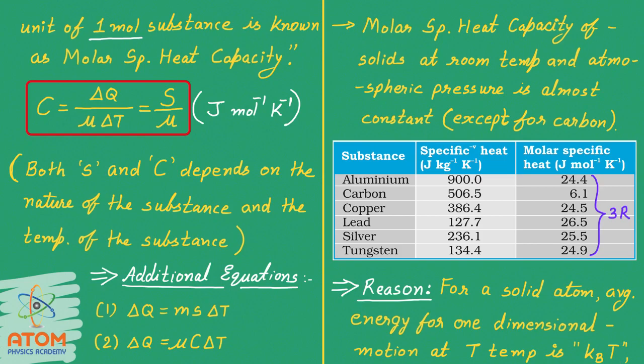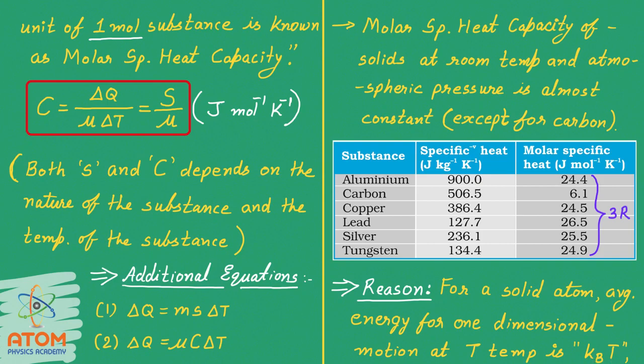The explanation about this equation is basically given in chapter 13. So here we'll just accept this equation. What is this equation about? That if you take any atom and consider the one dimensional motion of that atom at temperature T, then the energy associated with that atom will be kBT, right?